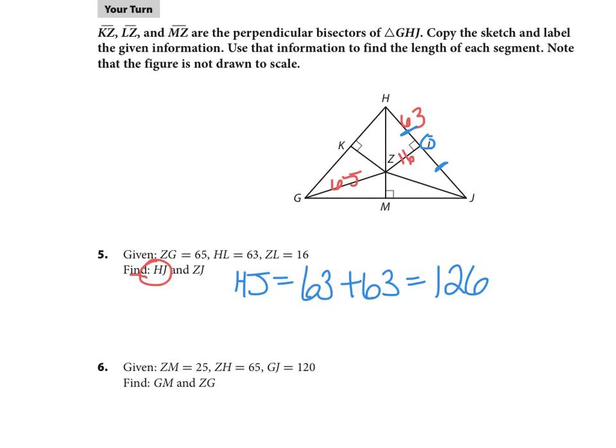Now it wants us to find ZJ. Well, ZJ is equal to ZG, so I know ZJ equals 65. And that's all there is to using those.